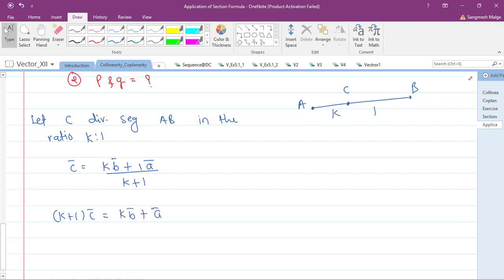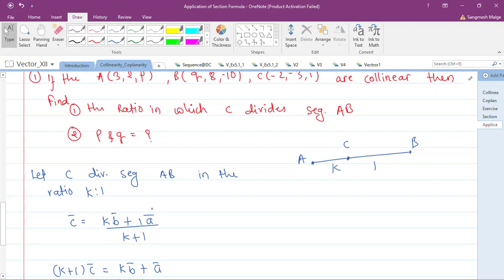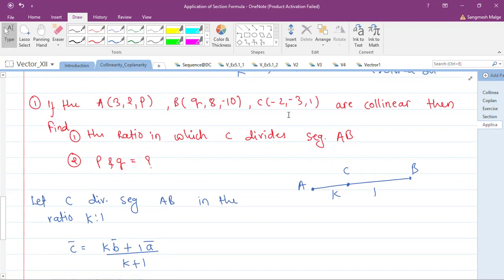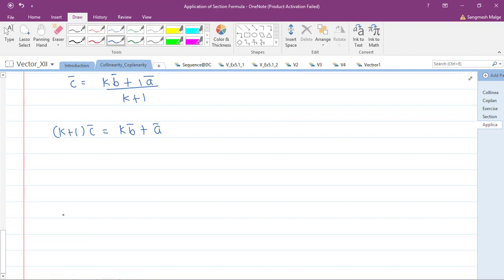Now substitute the given values. C bar is -2i -3j +1k. So it becomes k plus 1 times (-2i -3j +k) equals k times B bar, which is Qi + 8j -10k.